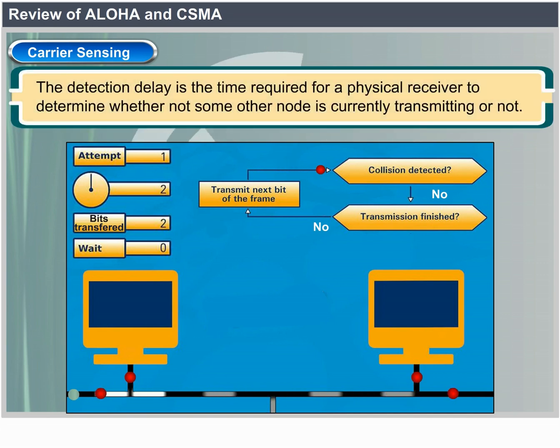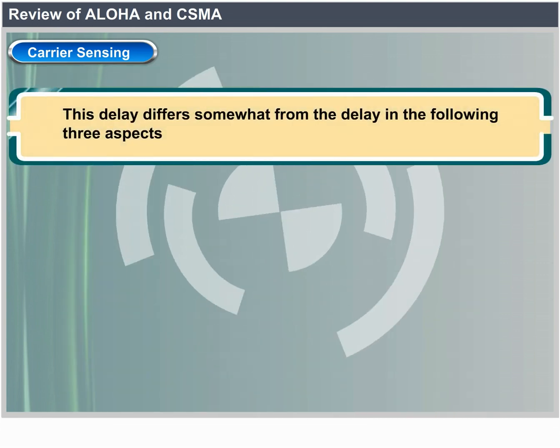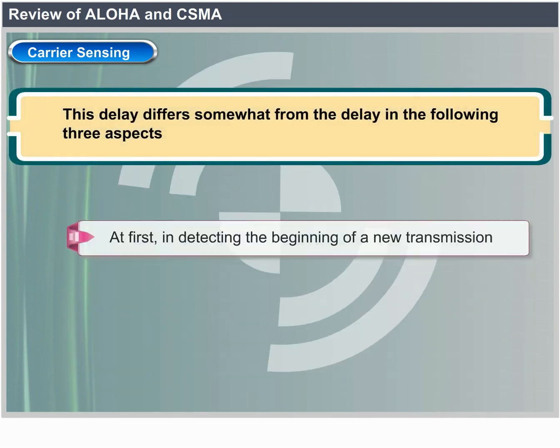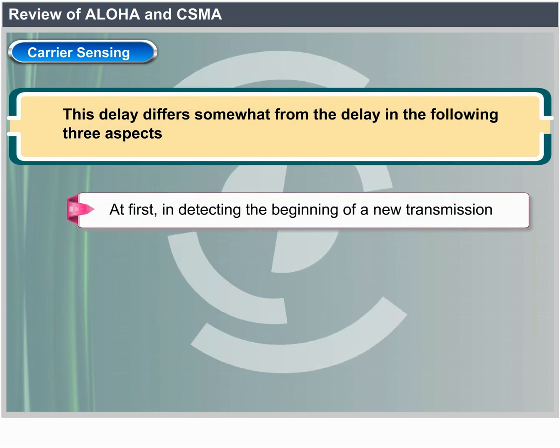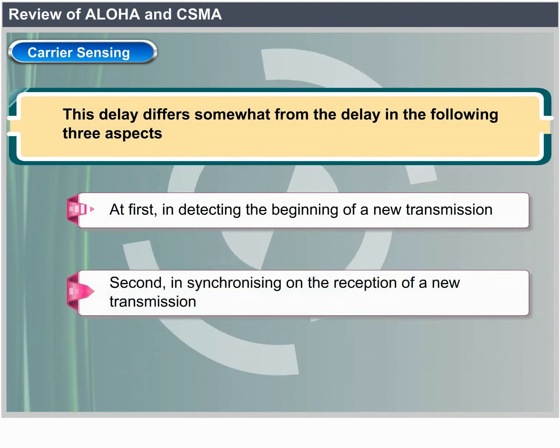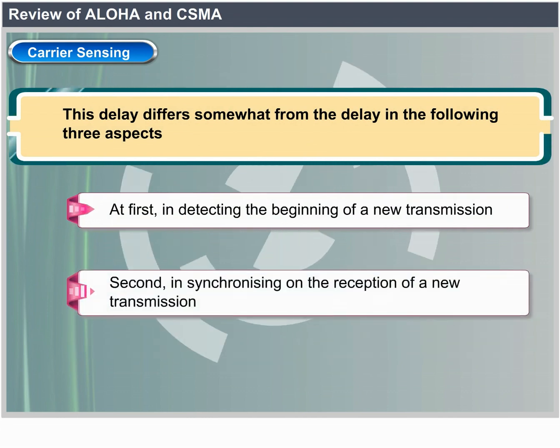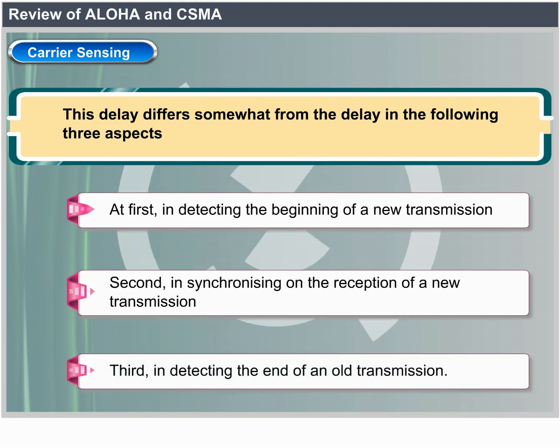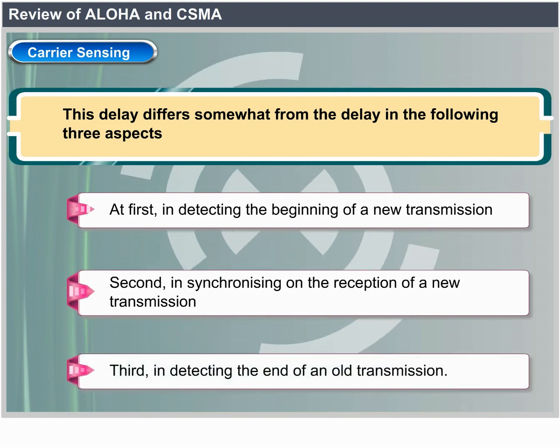The detection delay is the time required for a physical receiver to determine whether or not some other node is currently transmitting. This delay differs somewhat from the delay, first, in detecting the beginning of a new transmission, second, in synchronizing on the reception of a new transmission, and third, in detecting the end of an old transmission.